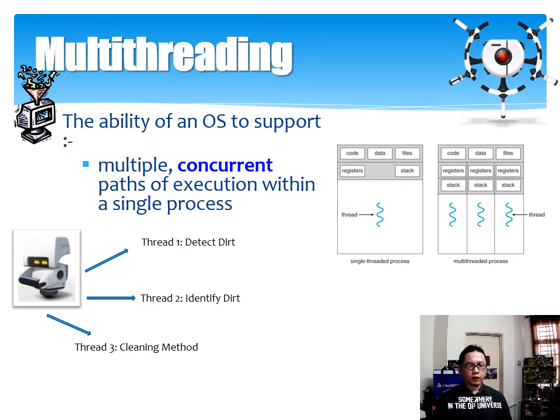Now, if you have a multi-thread approach, these tasks can execute concurrently, meaning they can execute at the same time and it does not have to wait before sending the report to the operating system. So right now, for example, let's say this robot is waiting for the detection of dirt to be finished. At the same time, it can also do other things. Let's say it identifies 3 dirts.